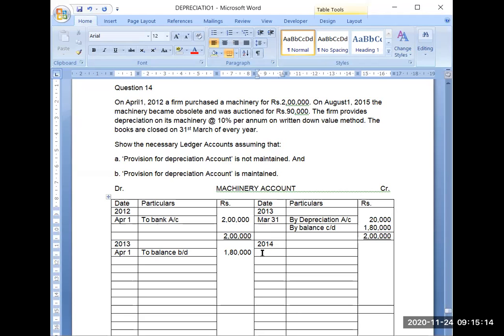We will charge a depreciation 31st March 31 by depreciation account.